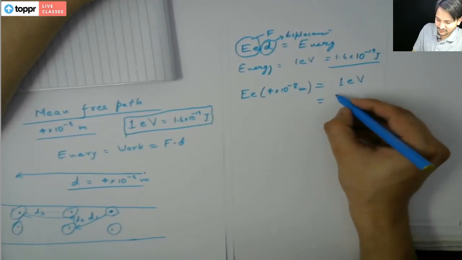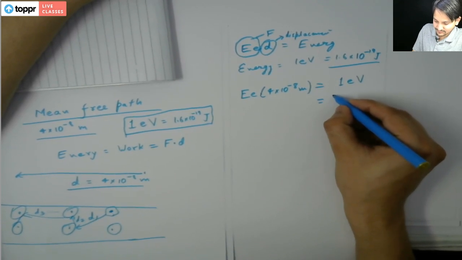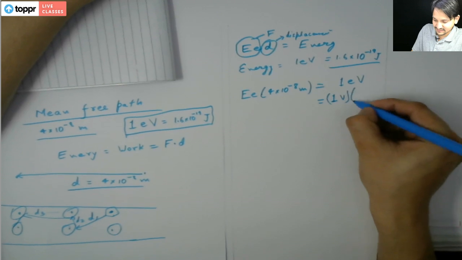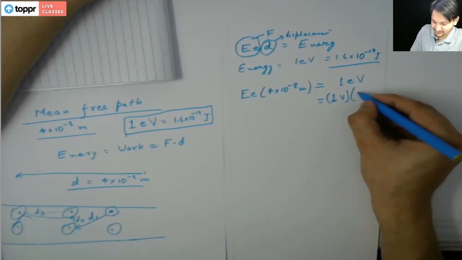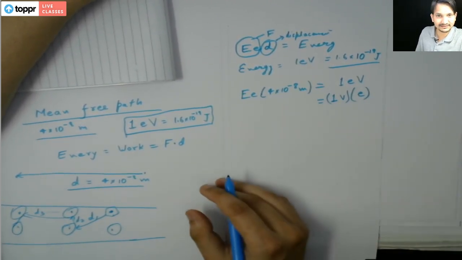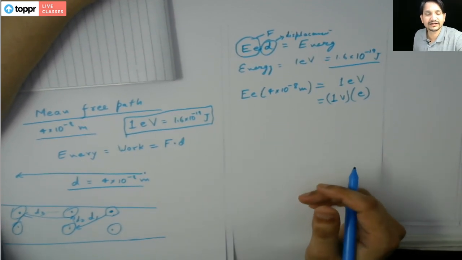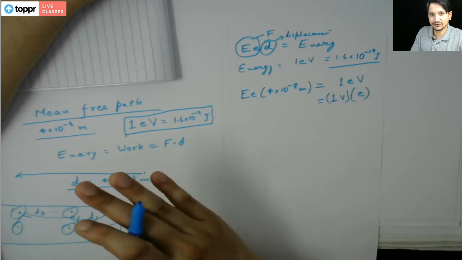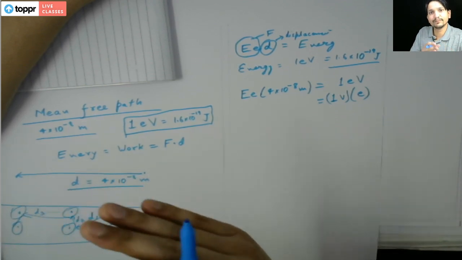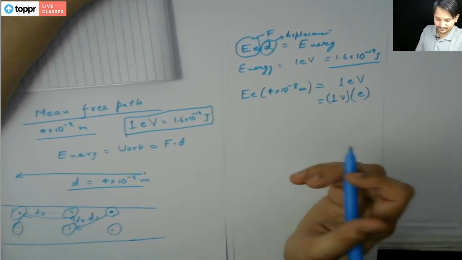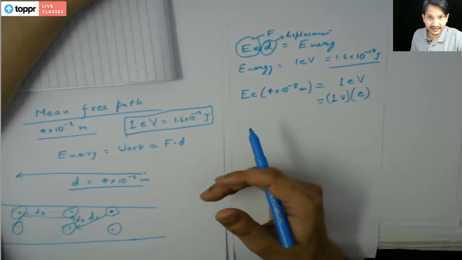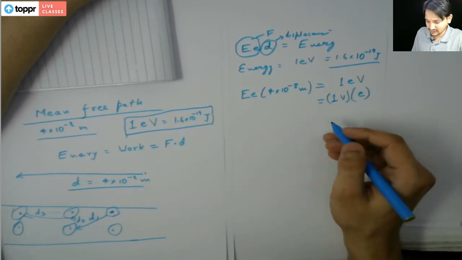So 1 electron volt we know is equal to 1 volt times the charge on 1 electron, that is e. That is the definition of one electron volt, right? The energy acquired by 1 electron when it moves through the potential difference of 1 volt, influenced by the electric field itself, obviously.